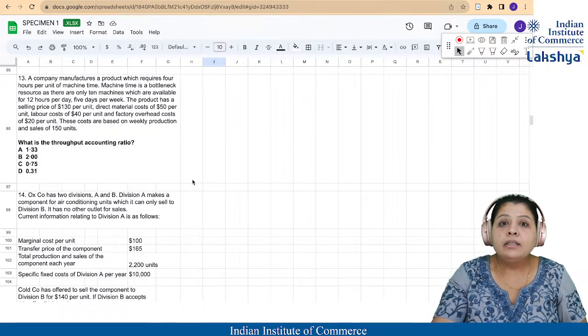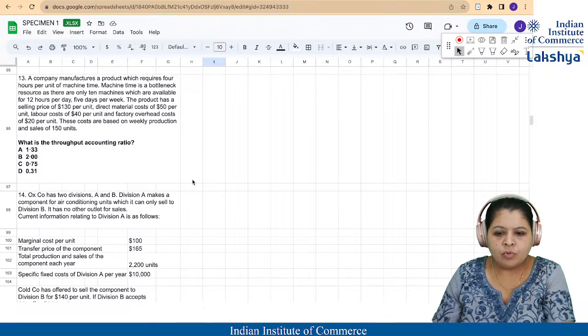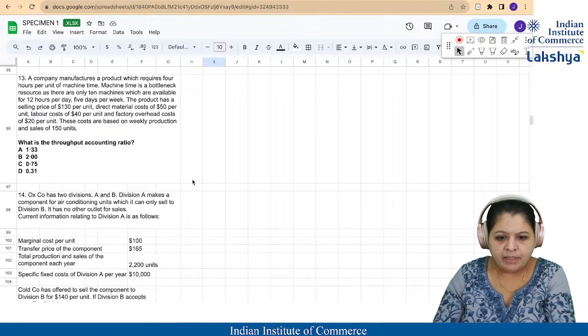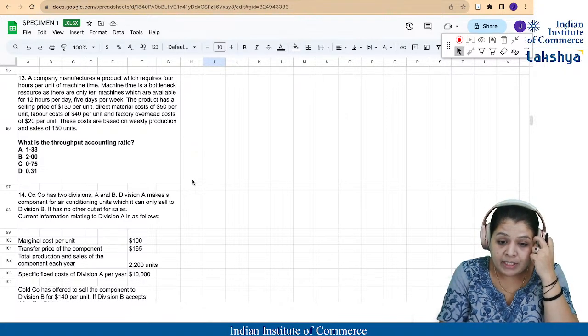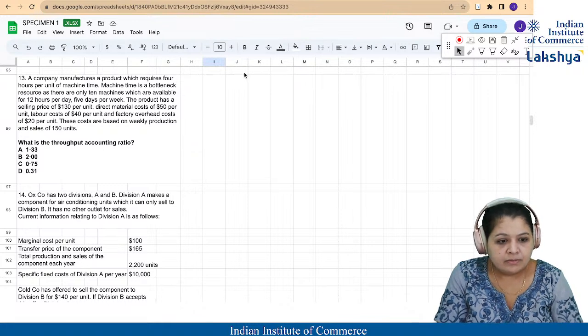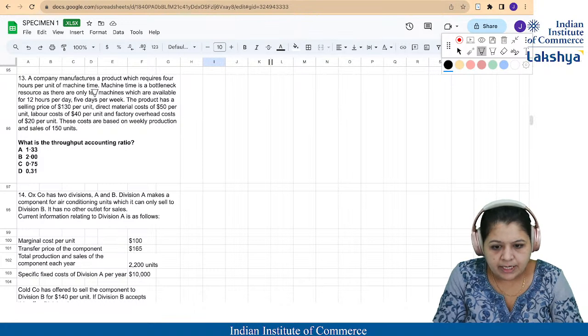Again, a calculative question. A company manufactures a product which requires 4 hours per unit of machine time. The machine time is a bottleneck resource as there are only 10 machines which are available. Now, see, 10 machines. This 10 sometimes can be overlooked.